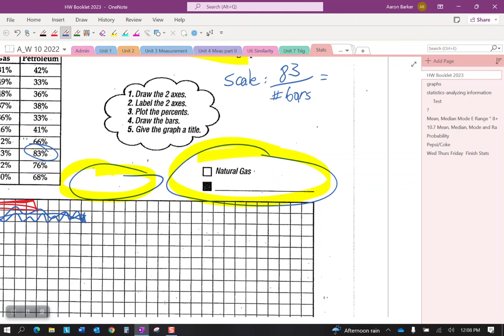Okay? And there you go. I think for this one, people were using like 5% per bar, something like that. But you might be able to go more because they're, I think, using 100%. Remember, you want to round up this number. Round that up.